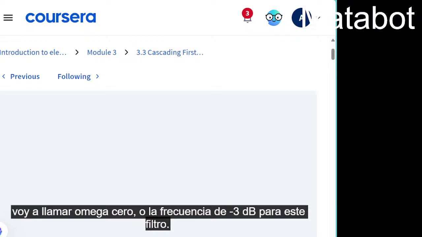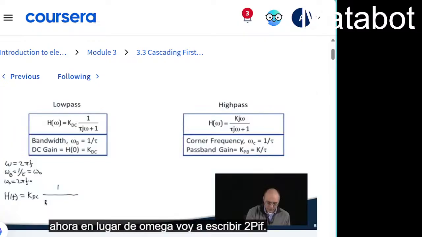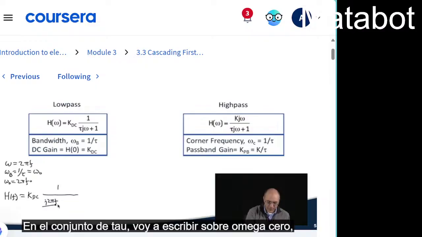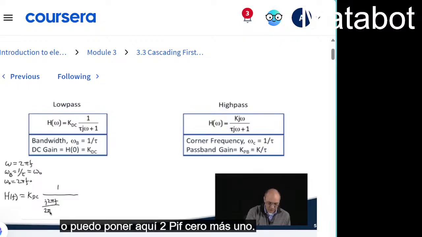And then using this relationship we can write that omega naught is equal to 2 pi f naught. Now I want to make these substitutions into this transfer function to write it in terms of f. So we have H of f is equal to K DC times 1 over j, now instead of omega I'm going to write 2 pi f, and instead of tau I'm going to write 1 over omega naught, or I can put a 2 pi f naught here, plus 1.